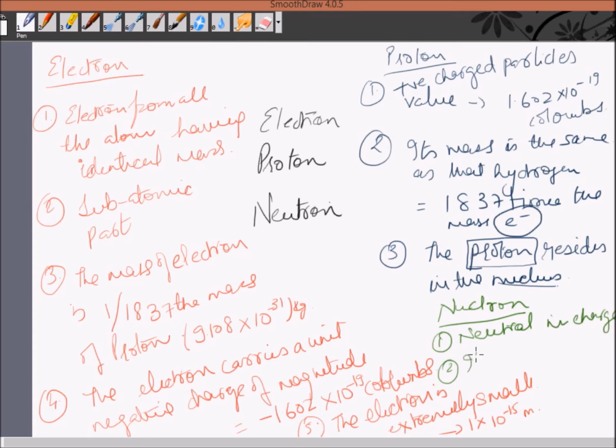Its mass is basically 1.676 into 10 to the power minus 24 grams. It also resides in the nucleus.